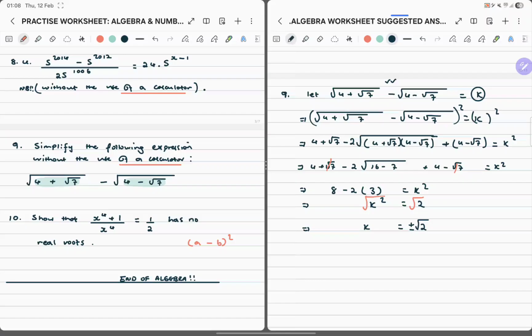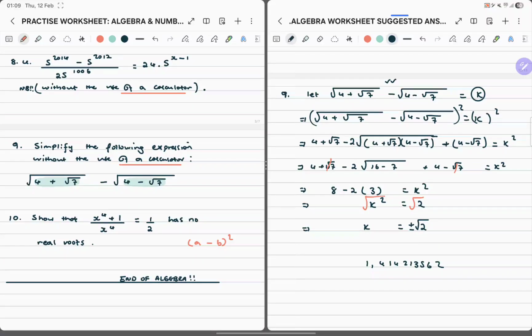Just put this one. Gives us a positive 1.414213562. Let's see. This is positive. So now let's take the square root of 2 and see if it is the same answer.